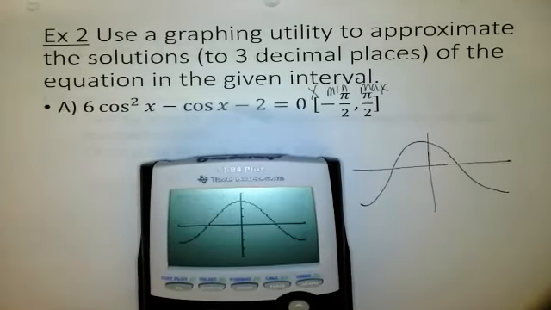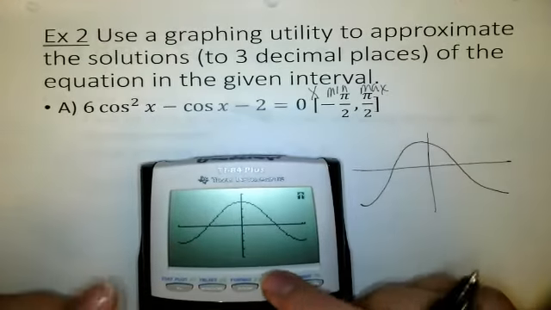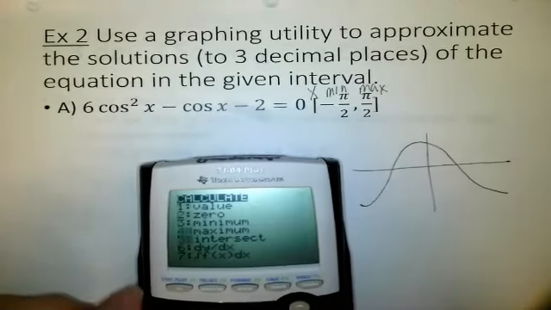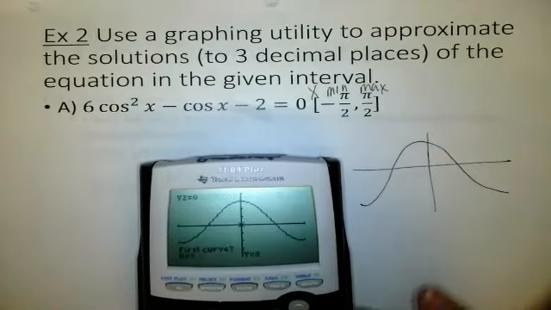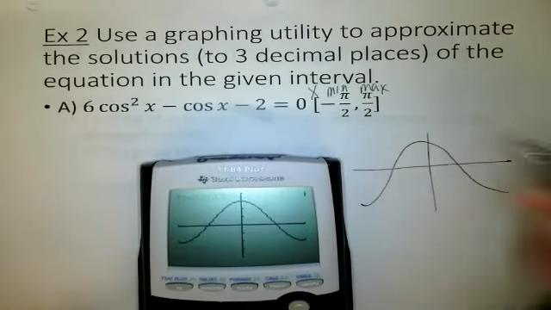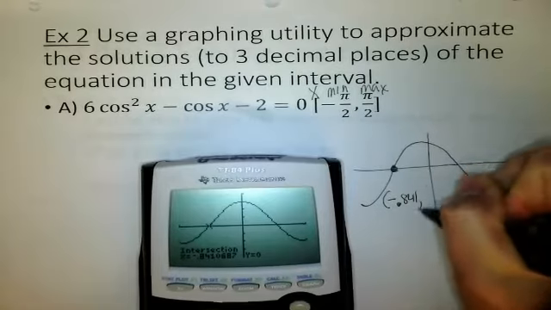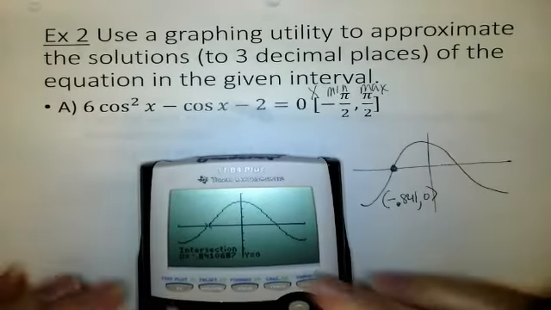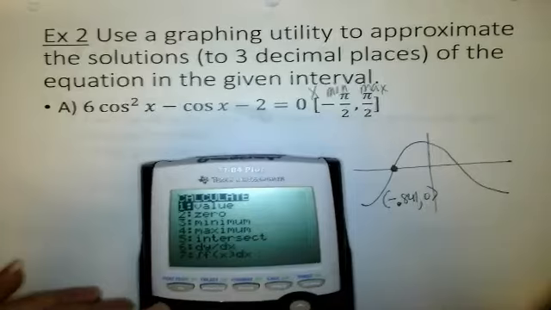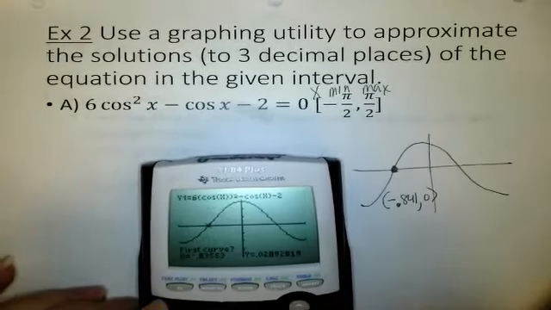All right. And then, again, we can calculate the intersection. So I'm going to go calculate the intersection and move Tinkerbell to the intersection. Enter, enter, enter. Negative 0.841. And do it again. Calculate the intersection of the other one.